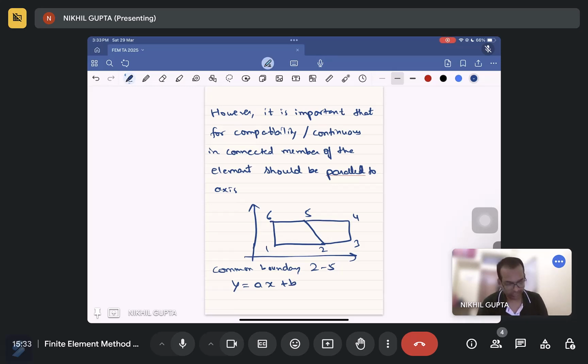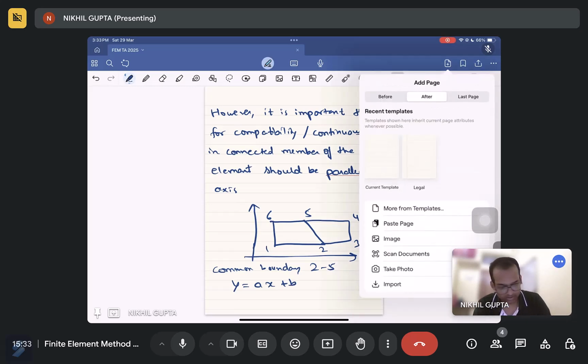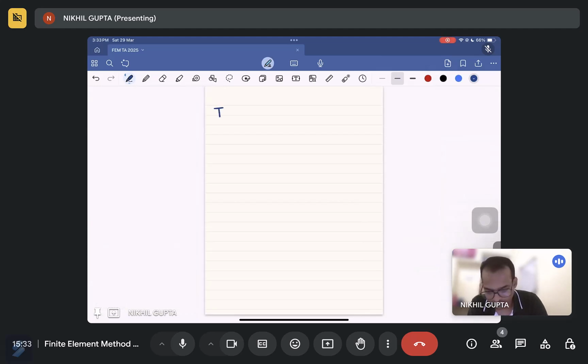Now we'll substitute this in the assumed T, which was a0 plus a1 x plus a2 y plus a3 xy. This is what we assume for the four noded rectangular element.